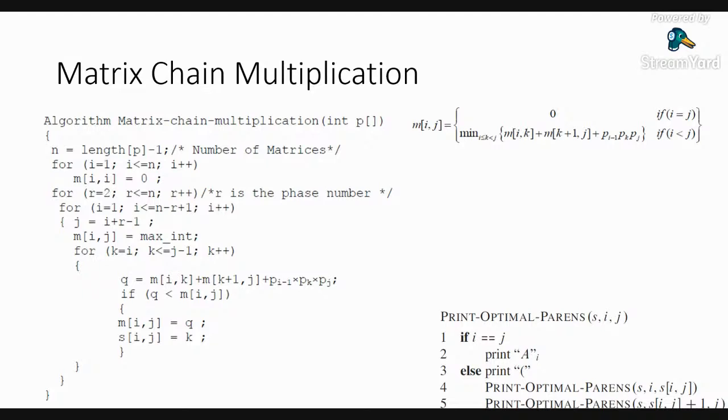This is performing multiplication of the first part and of the second part, so one result is generated from the first part and another result from the second part. Now these two results will be multiplied, and while multiplying them, this many more multiplications are required: p(i-1) times p(k) times p(j). And this is when i is less than j. If i is equal to j, it means from matrix i to matrix i, no multiplication is required, because only a single matrix is considered in the sequence.